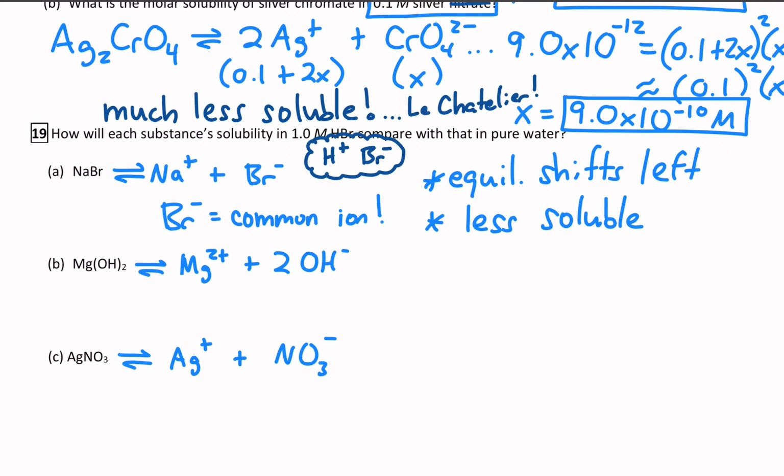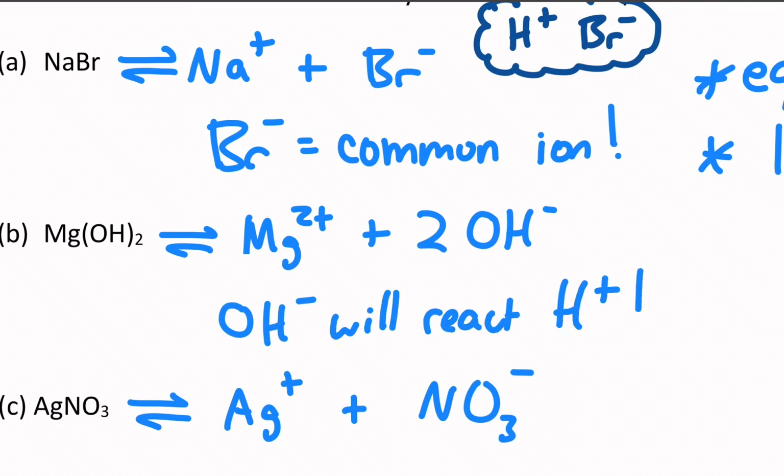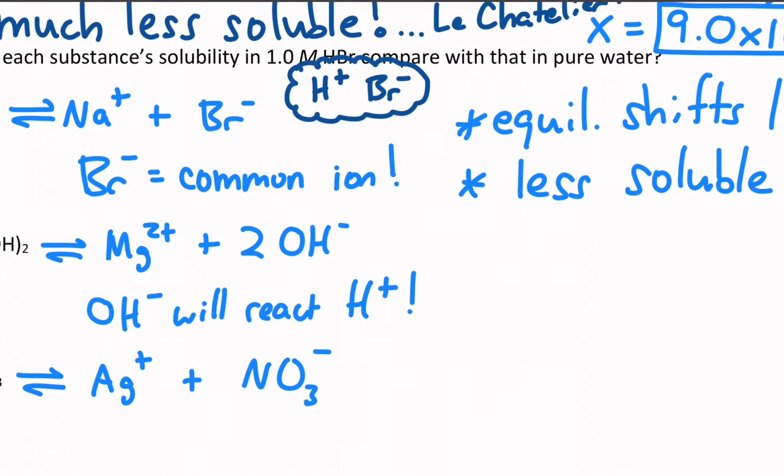Okay, for the second one, we don't have a common ion, but we have hydroxide ion present in the original solution, and that will react with the hydrogen ions from the acid. So this means we're going to shift it to the right.